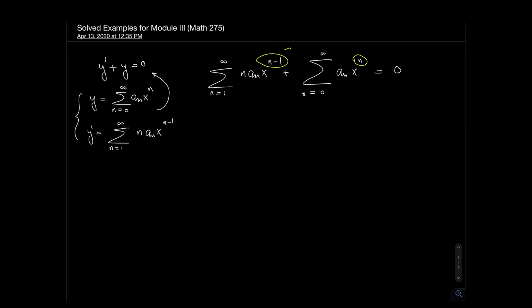So I could add 1 to this to make it an n. If I add 1 to this, I have to subtract 1 from the index, which will make it a 0. That will match the second power series, and that works.